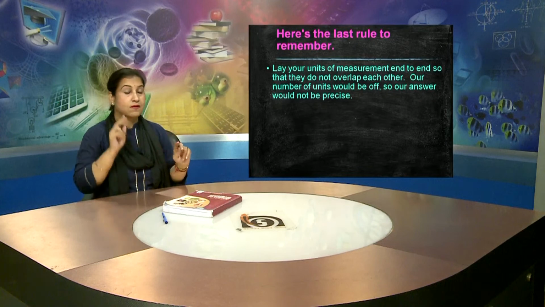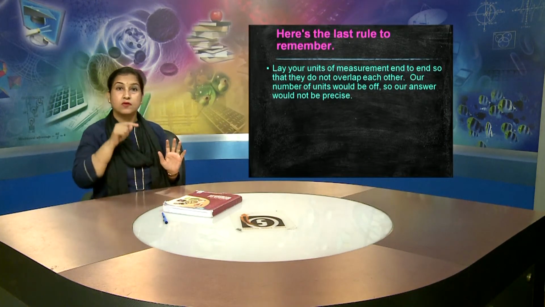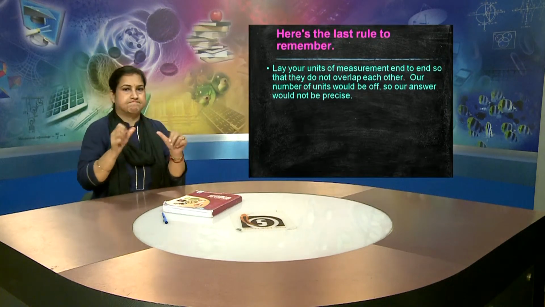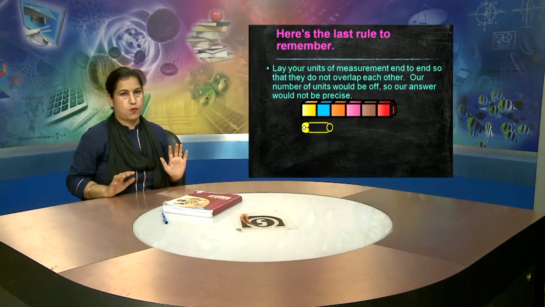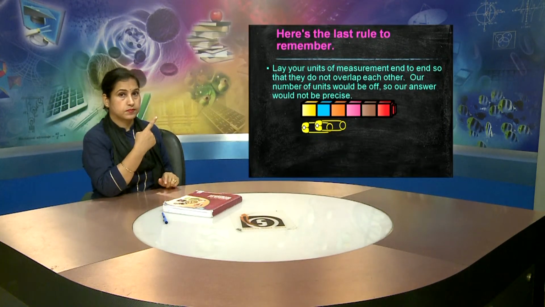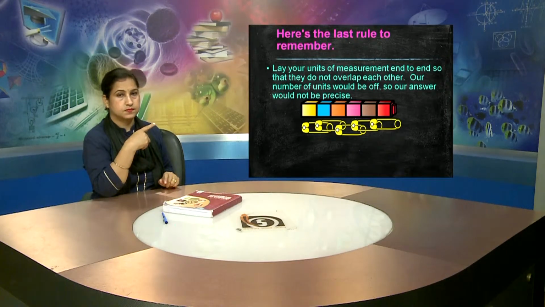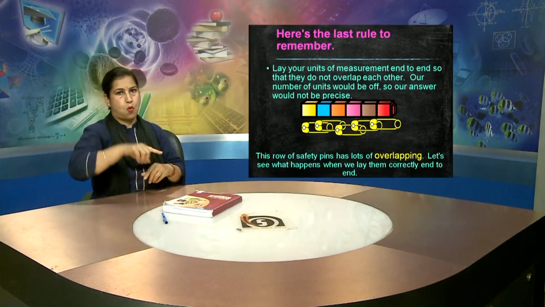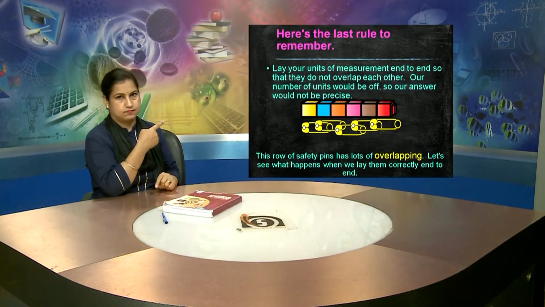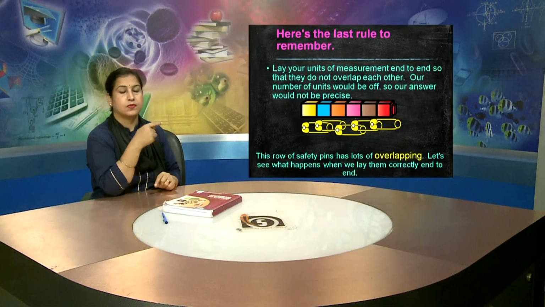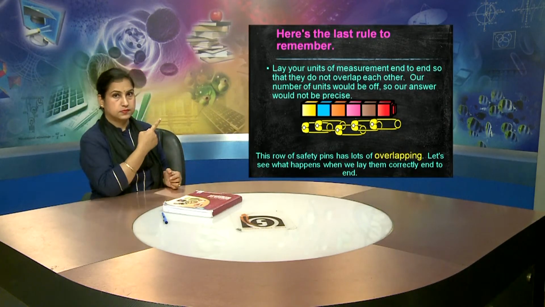Our number of units would be off, so our answer would not be precise. This row of safety pins has a lot of overlapping. Let's see what happens when we lay them correctly end to end.